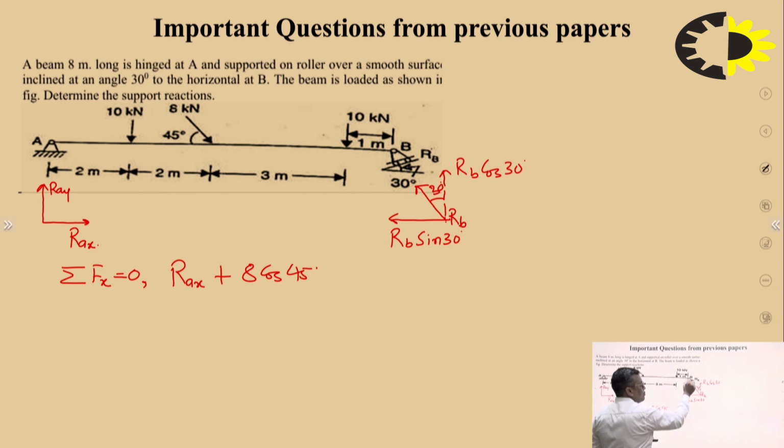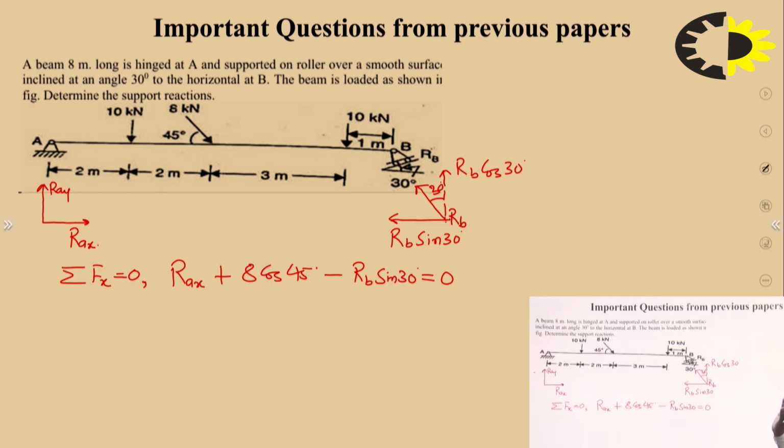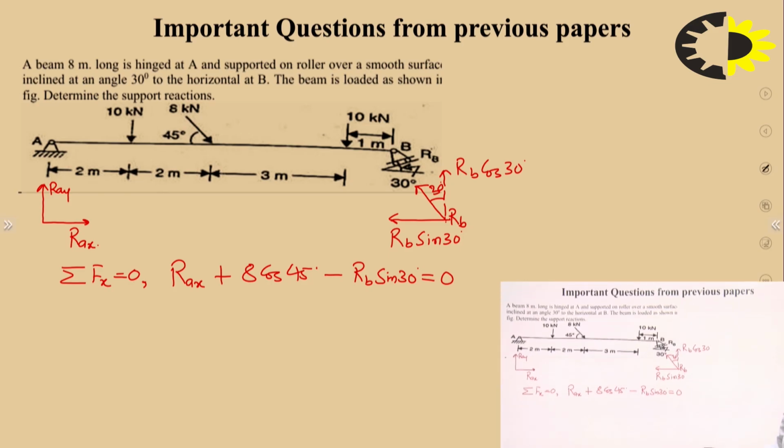Now I am coming to the point B, where there is a horizontal force RB sin 30, but the direction is opposite. So minus RB sin 30 equals 0. Please check the equation. You must be ensured that the equation is correct. Is there any issue with this equation? No issue at all.